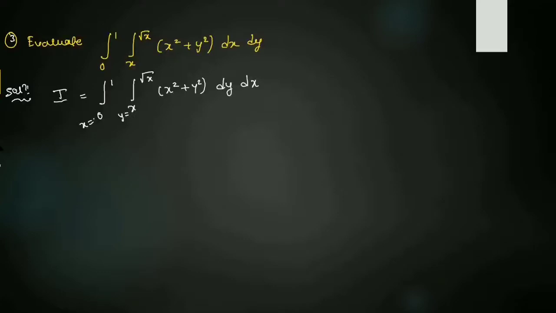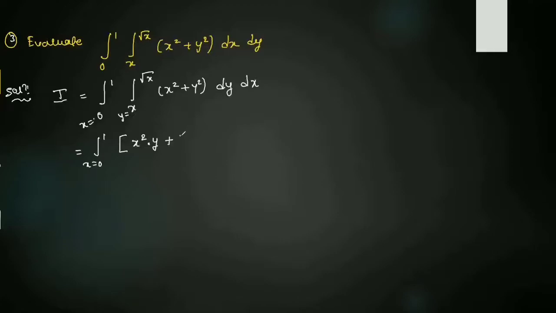So what will be the integrals now? Integral from x equal to 0 to 1, in bracket. Here x square is there. We are integrating with respect to y. So what will be the integral of x square? x square into y. Yes, because it is a constant, we have to multiply by y.